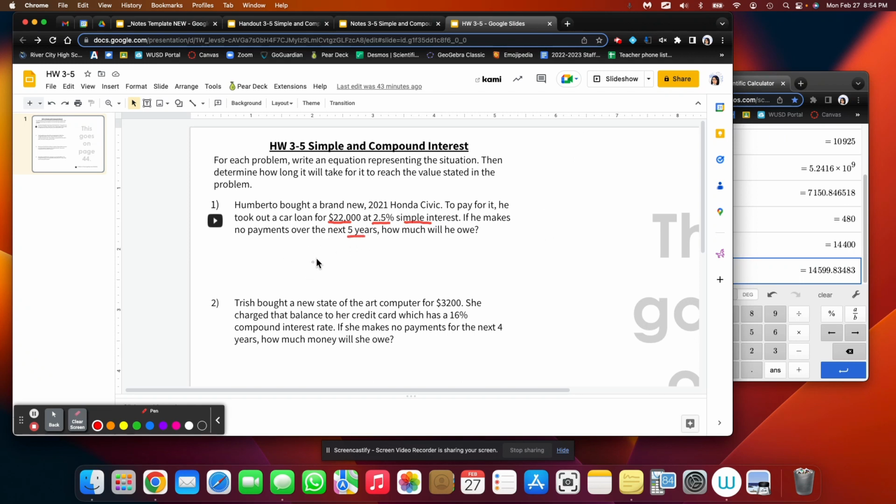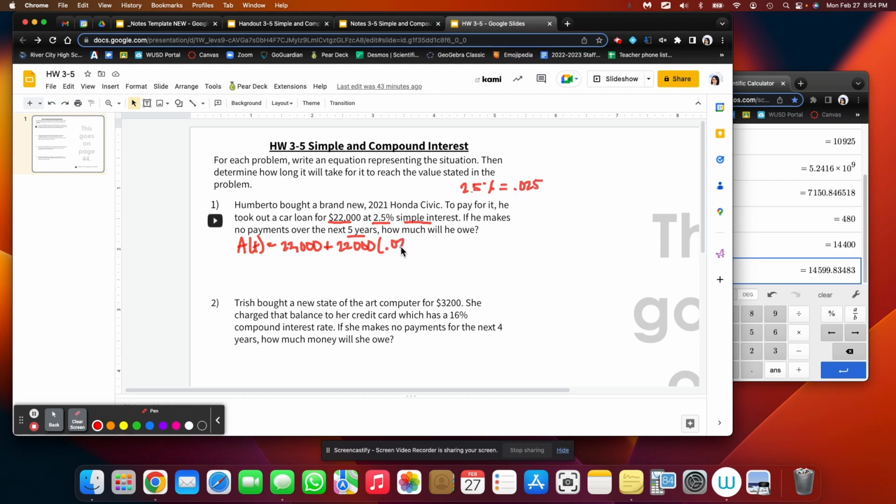So first thing we need to do is write an equation for the amount of money he owes. So simple interest is the original amount, so $22,000, plus the original amount, $22,000, times the interest rate. So 2.5% as a decimal is 0.025.